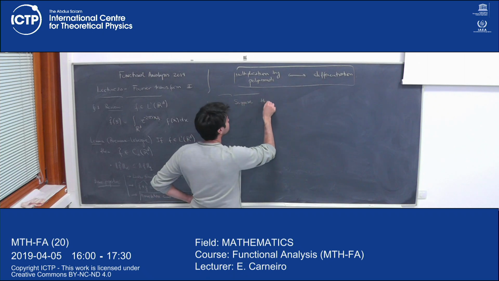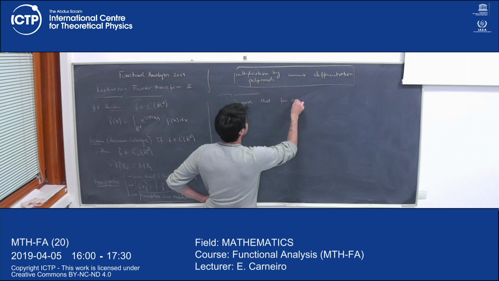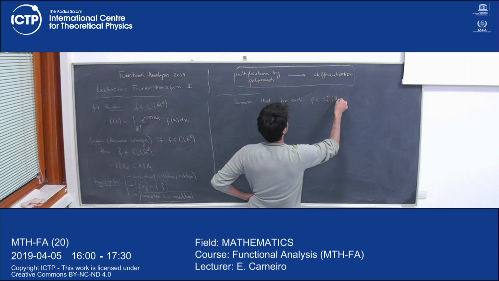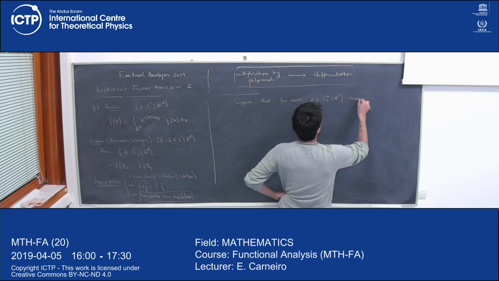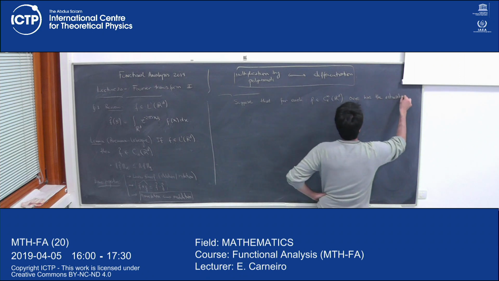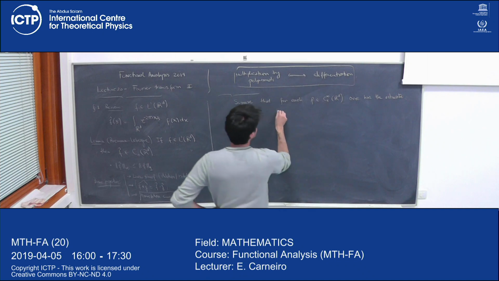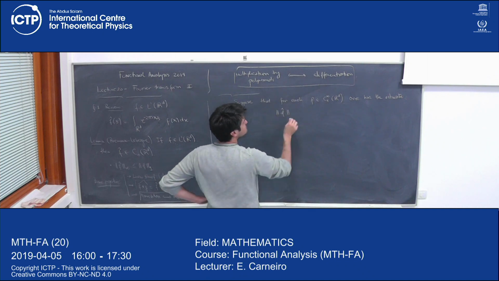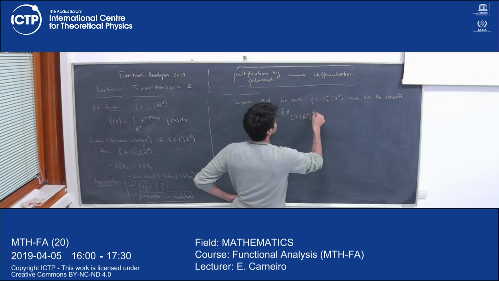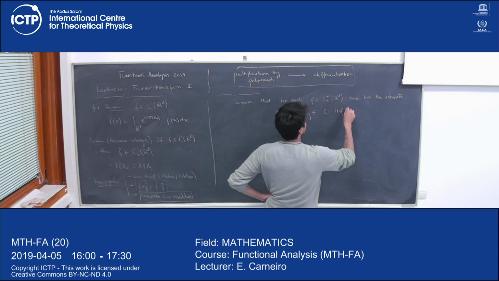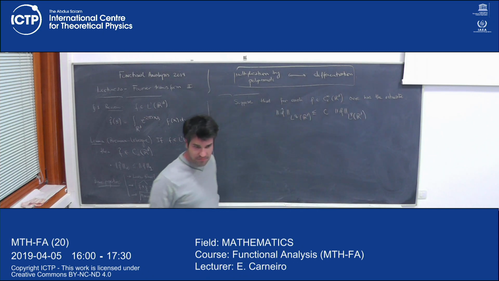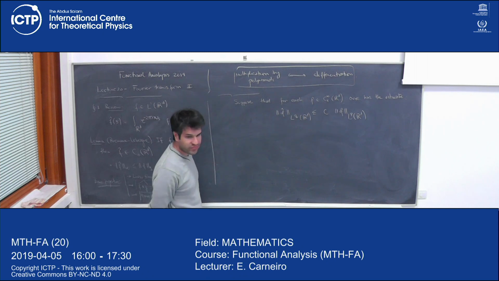Suppose that for each function, let's say C infinity of compact support on R^d, one has the estimate: the norm of the Fourier transform in L^q of R^d is bounded by a constant times the norm in L^p of R^d. Suppose you had this.